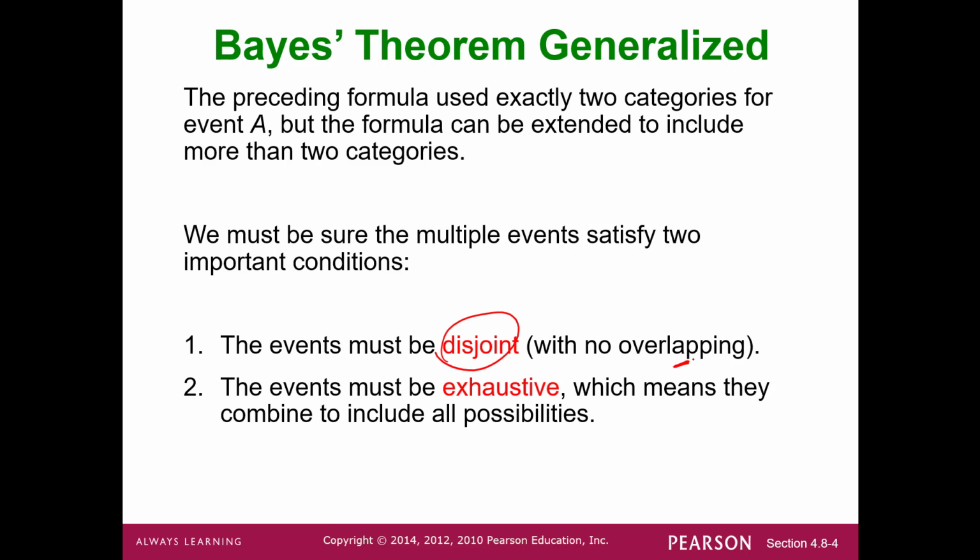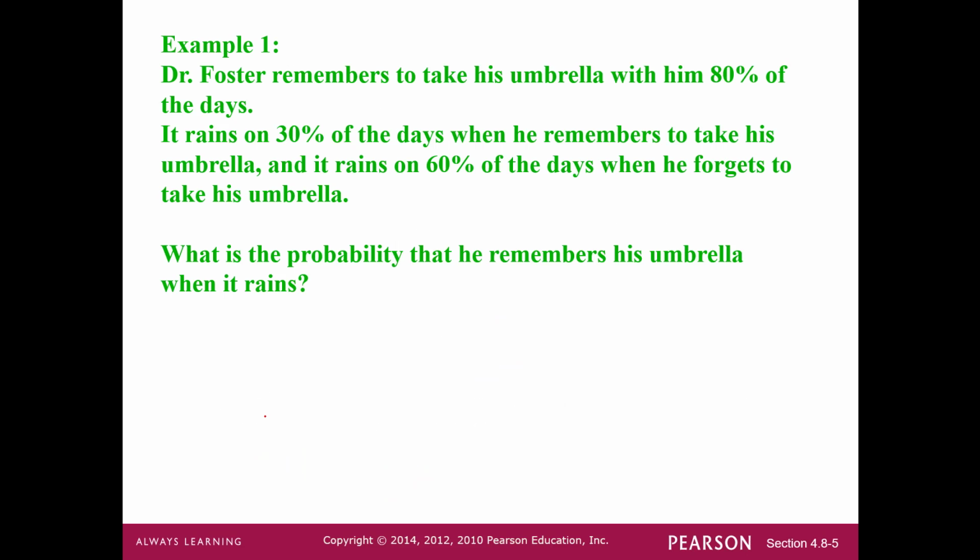Also, the events must be exhaustive, meaning that all these events combined include all possibilities. So if you sum up the total probability, it equals 1. All those events include all possible outcomes.